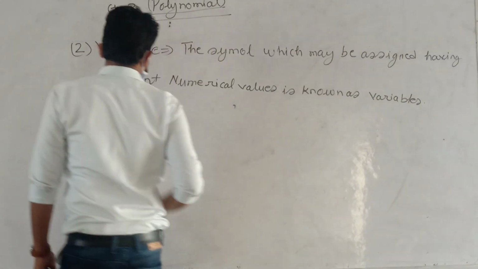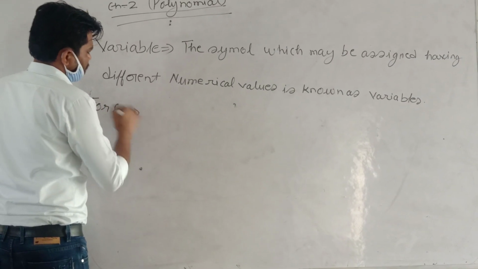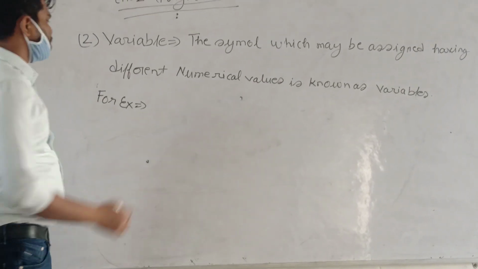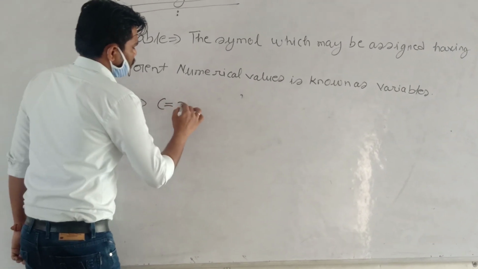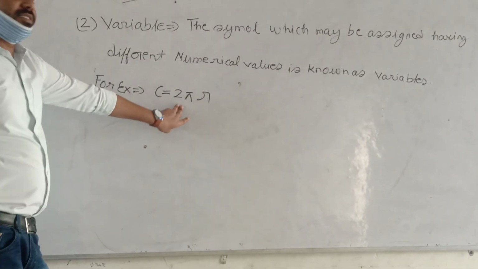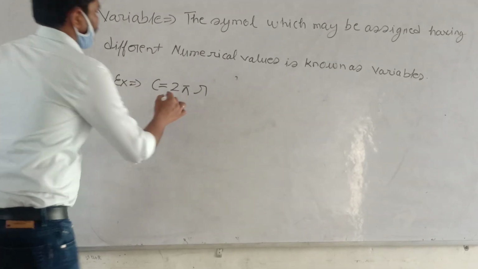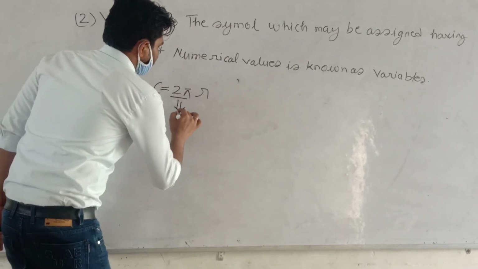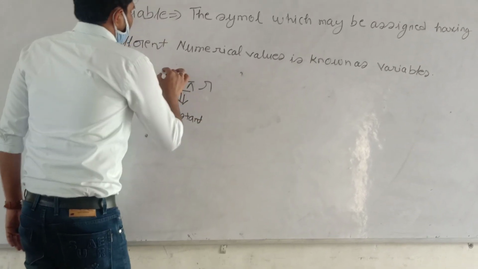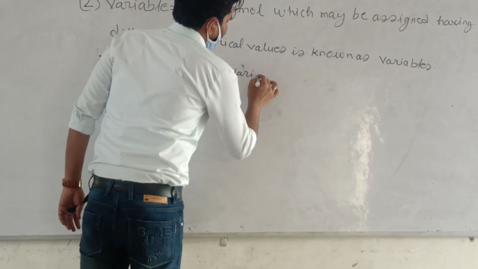For example, the circumference of a circle. What is the circumference of the circle? C is equal to 2 pi r, where 2 pi is the constant and C and r are the variables.